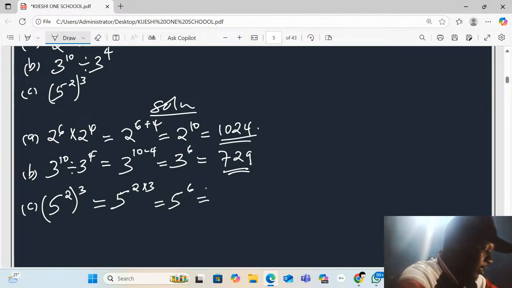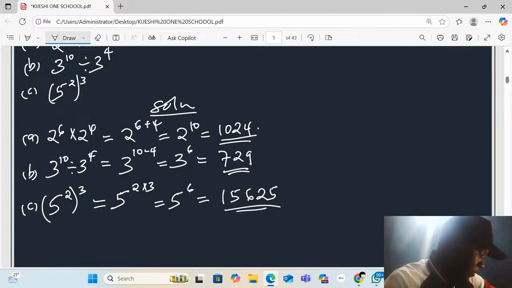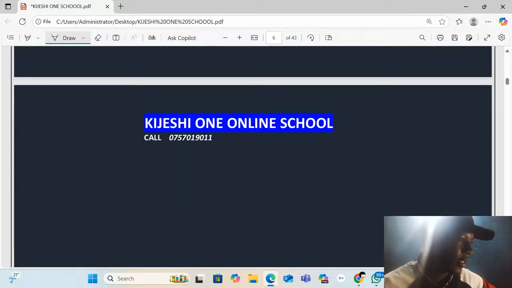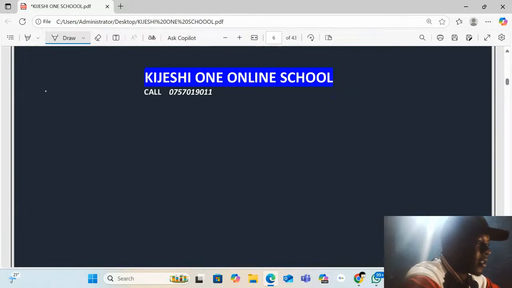And 5 power 6, you get 15,625. So this one now becomes your final answer. So that is how we basically apply the 3 given laws. We can look at more examples. Let us look at more examples.